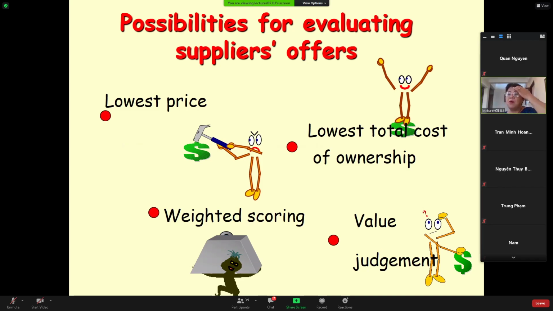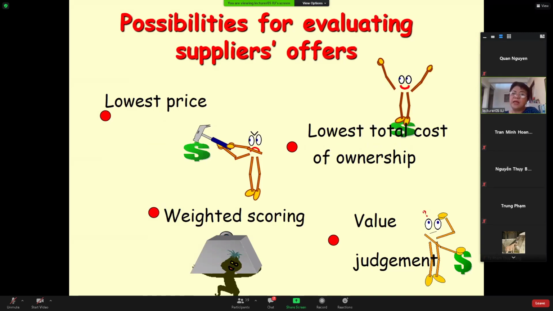We will learn about the difference between price and cost, and between cost and total cost of ownership. We will learn about that. What is weighted scoring? What are the criteria, and how will we do the evaluation process?